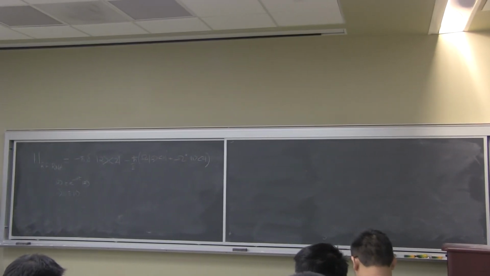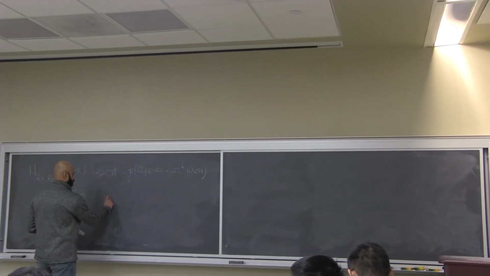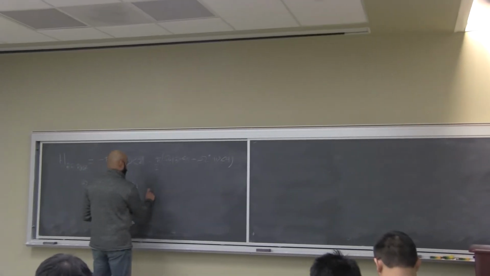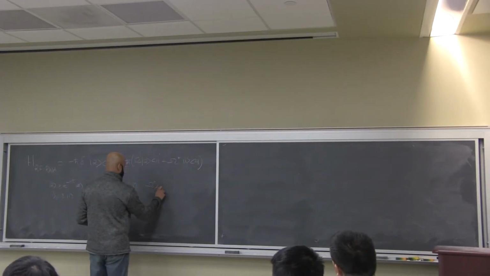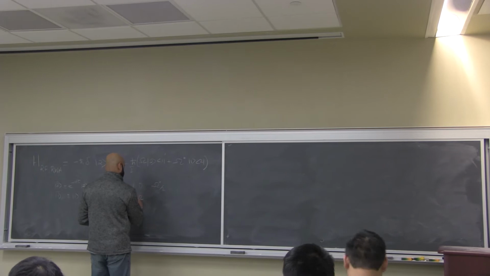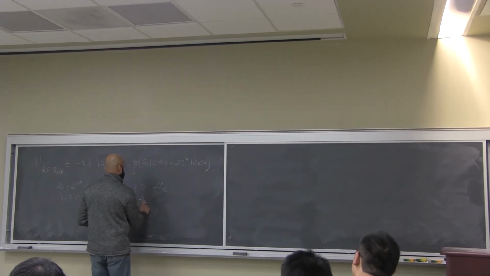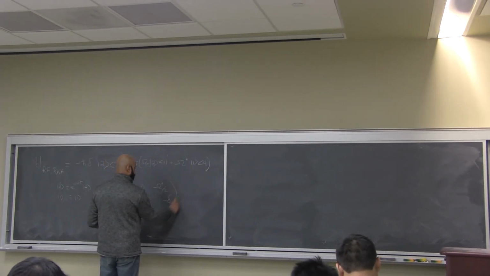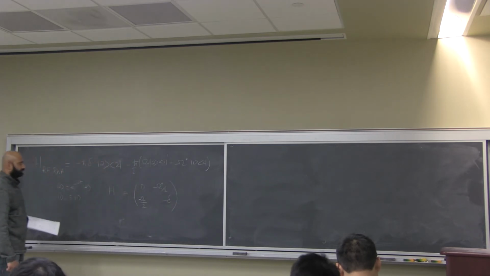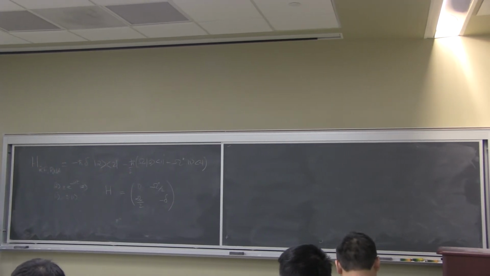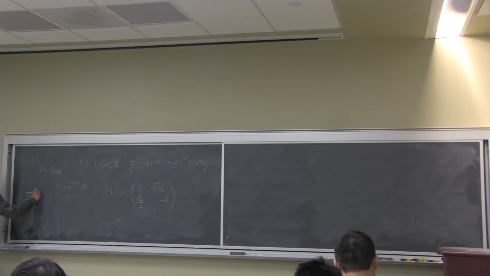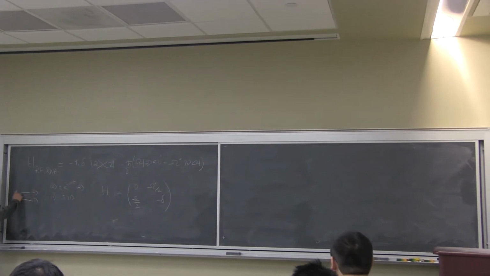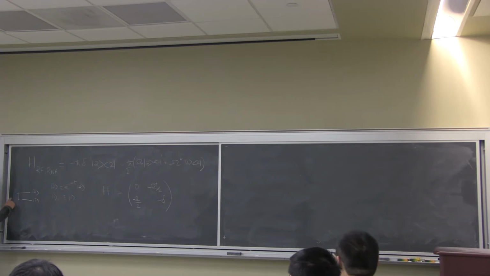From this Hamiltonian, which we can write in matrix form as 0, minus omega star over 2, minus omega over 2, and then minus delta. This Hamiltonian effectively looks like the 1 tilde and 2 tilde states are separated by a detuning delta.